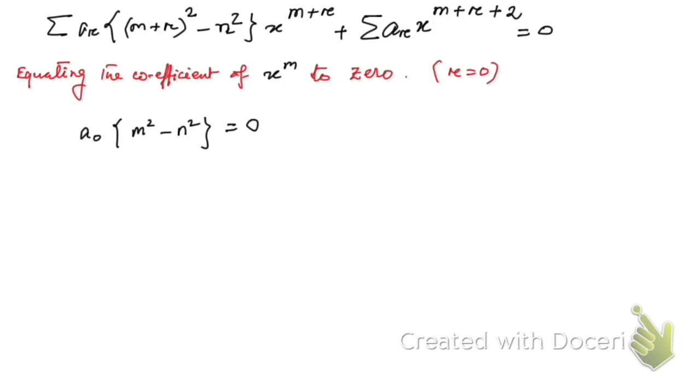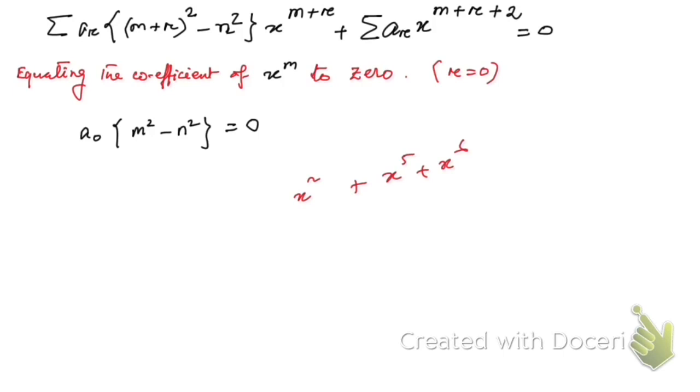So suppose you have a series like x square, x to the power 5, x to the power 6. Suppose here we have no x cube, and no x to the power 4. That means these terms are missing, meaning the coefficient of x to the power 3 is 0, right? So now here we have considered the term which exists in this solution, which is the lowest degree term in this solution, right?